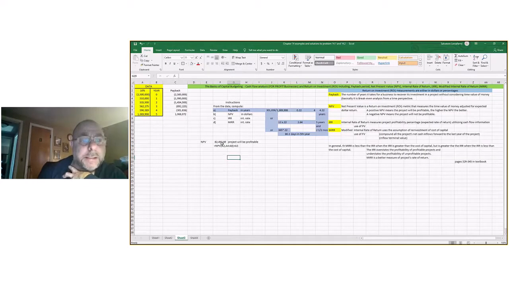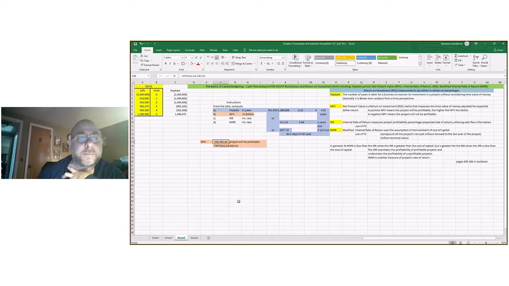If you don't believe me, let me click on the 82,492 and you'll see it right there. A2, comma, A4, colon, A8, close the parentheses, plus A3. Don't add an extra parenthesis. Don't put another one at the end of A3. Excel's going to go, you made a mistake. So this is how it's got to show up. So there's your NPV answer, and we're concluding that this is a profitable project. And this is in dollars, don't forget.